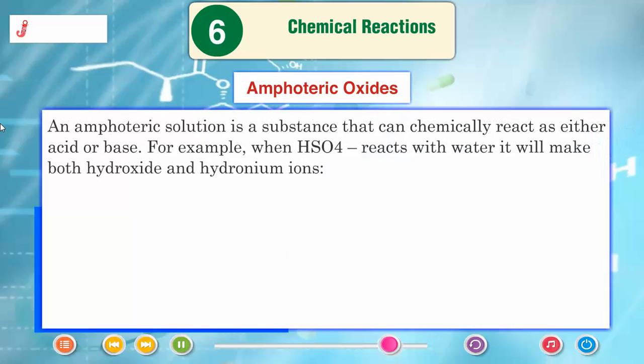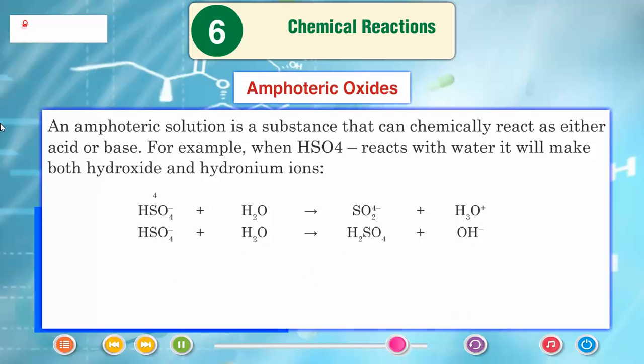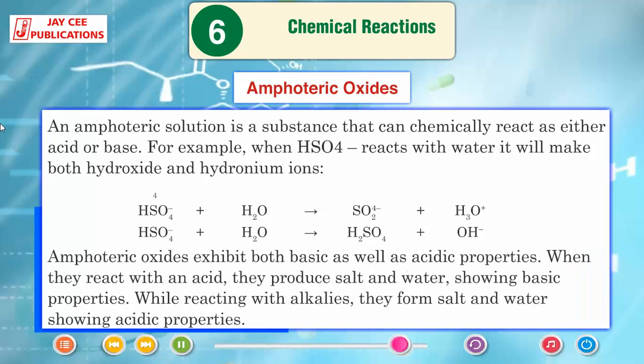Amphoteric oxide. An amphoteric substance can chemically react as either an acid or a base. For example, when it reacts with water, it will make both hydroxide and hydronium ions. Amphoteric oxides exhibit both basic as well as acidic properties. When they react with an acid, they produce salt and water, showing basic properties.